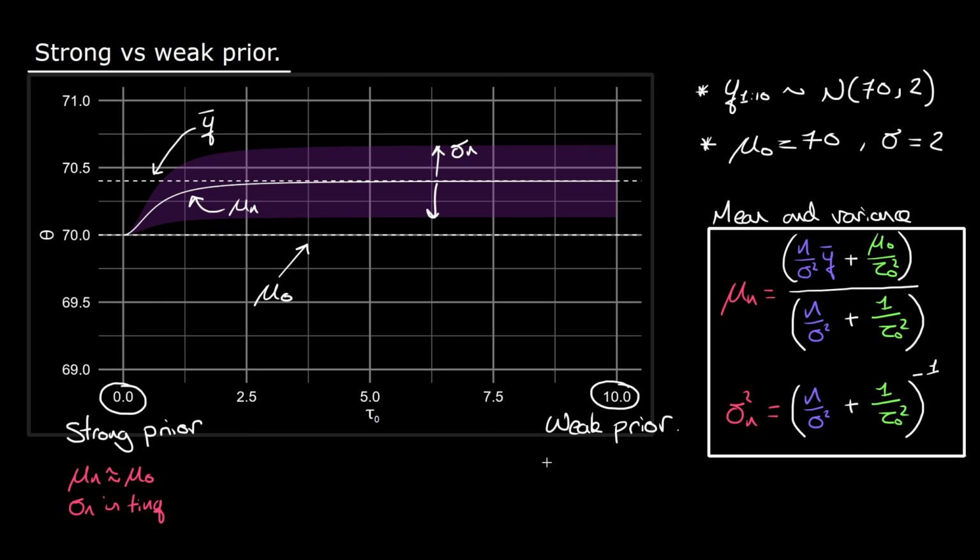When tau equals 10, the posterior mean is approximately the sample mean. And the posterior standard deviation is the standard error of the mean. A result very similar to the maximum likelihood estimate.